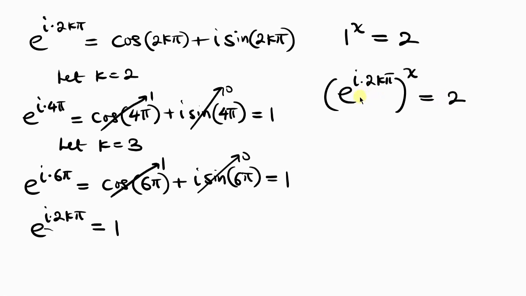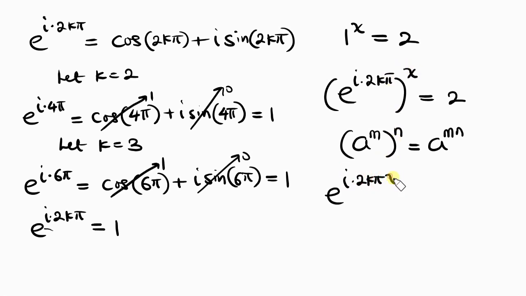Now, our next step will be for us to apply indices, which says when I have a to the m, and if this is raised to the n, this is equal to a to the mn, which means powers multiply. So I'm going to be using this x here to multiply this exponent inside. And when I do that, I'll have e to the i times 2k pi multiplied by x, and this is equal to 2.